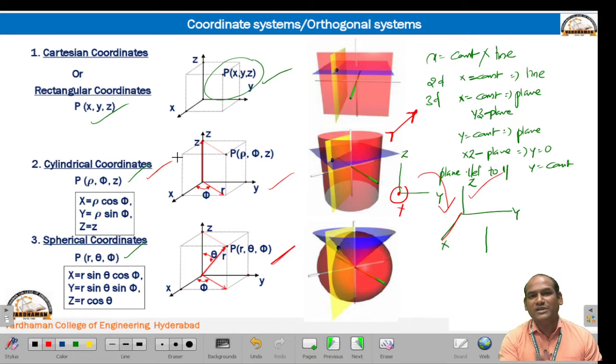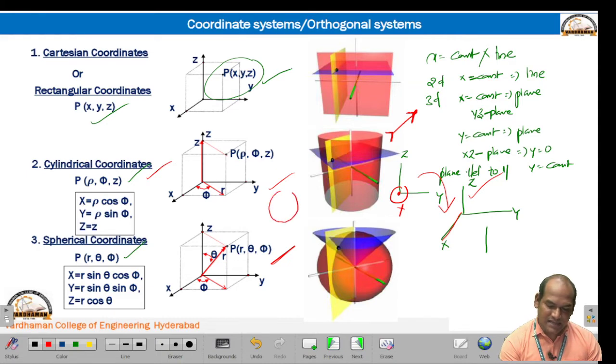But now along with phi, z is also changing. Z should change from minus infinity to plus infinity. So, rho is fixed, you will draw a circle by changing the phi value from 0 to 360, but z is also changing now.